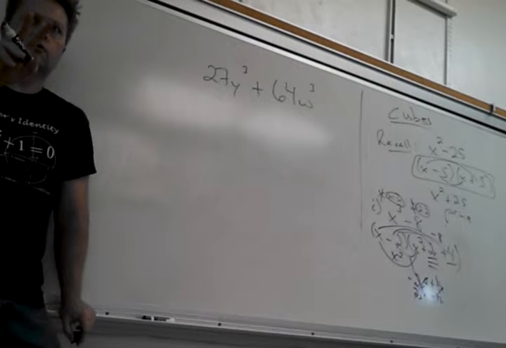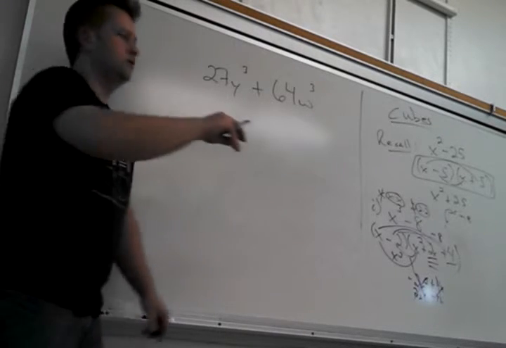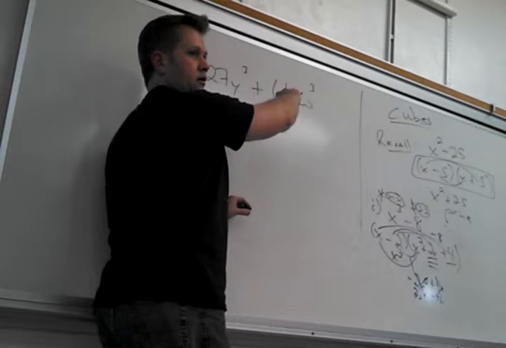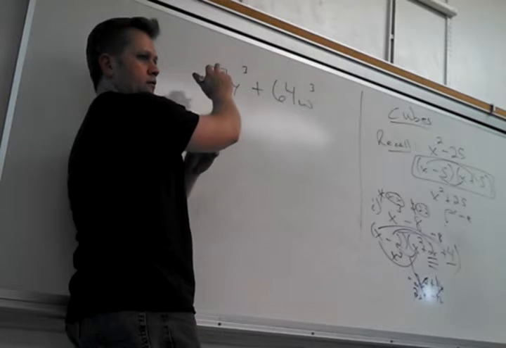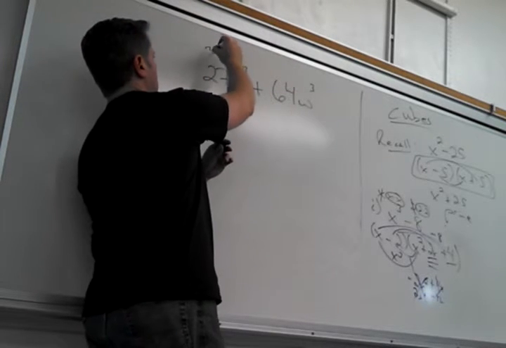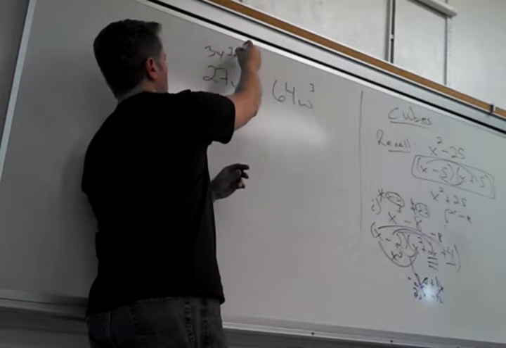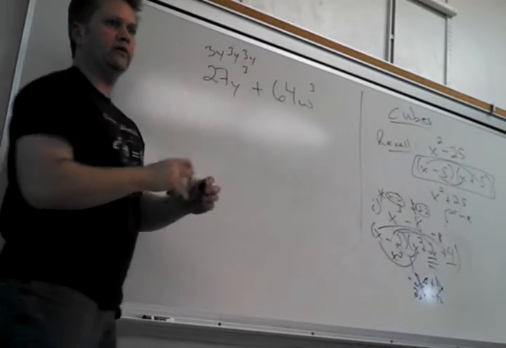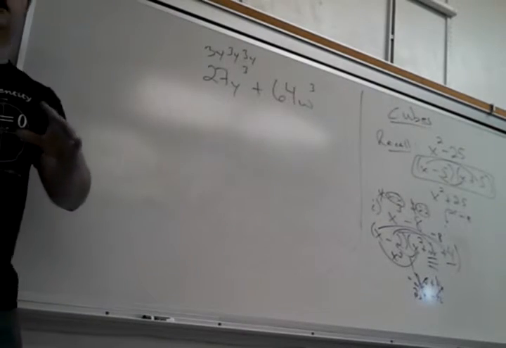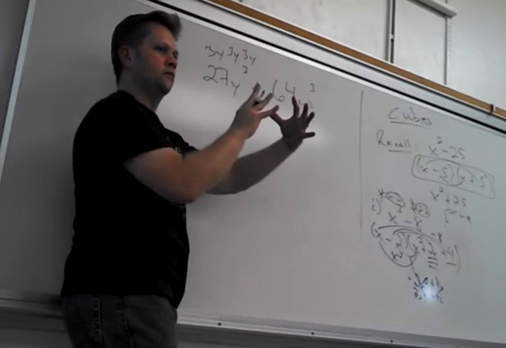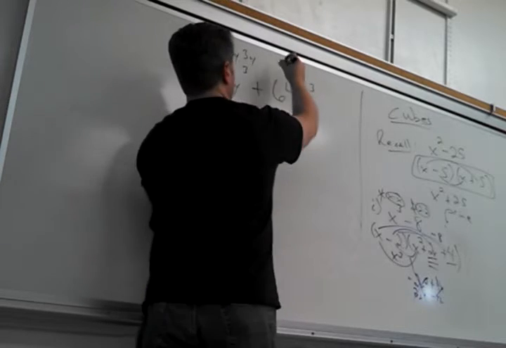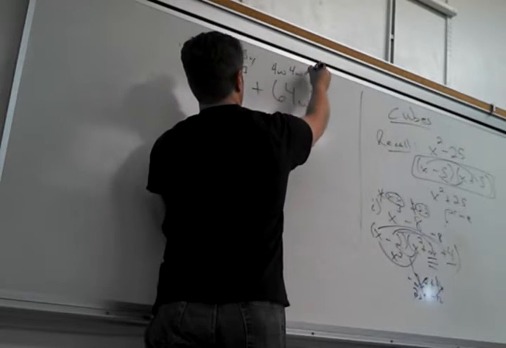Why is it cubes? These are kind of a giveaway, right? Can you break 27 up into 3 parts? Yes. 3, 3, 3. And y cubed, so it'll be 3y, 3y, 3y. That's what makes 27y cubed. How do I make 64w cubed? 4w, 4w, 4w.